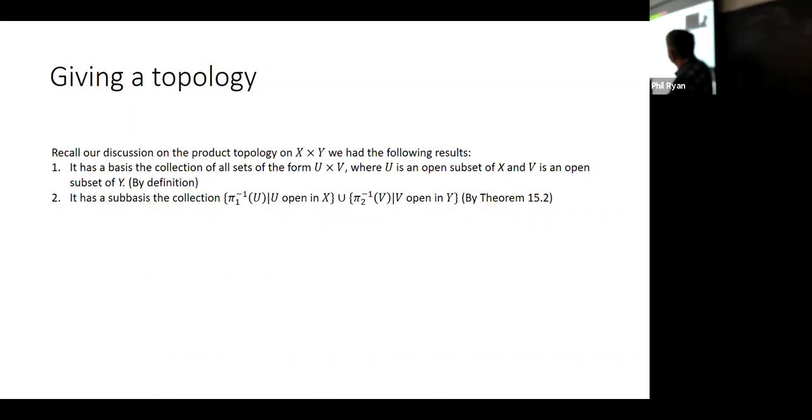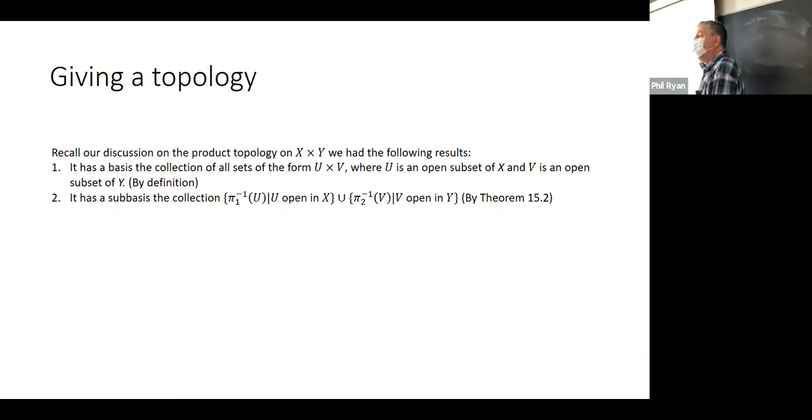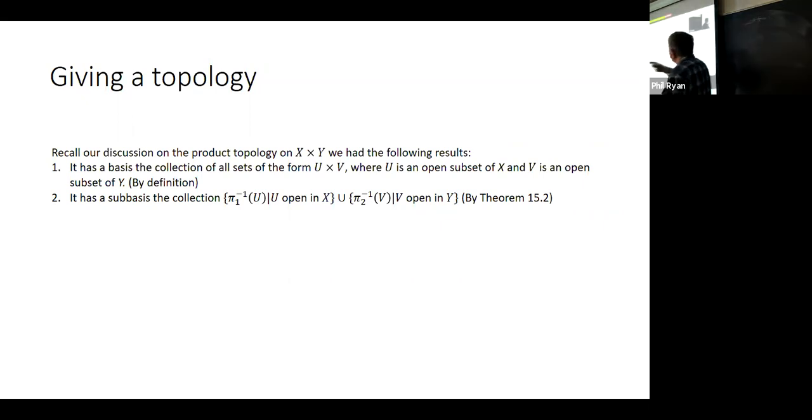Now, they're the same thing in X cross Y, and they're going to be the same thing for any finite Cartesian product. But do you see why it's going to make a difference when it's infinite? Why is it different? Well, what's pi 1 inverse of U going to equal in this?